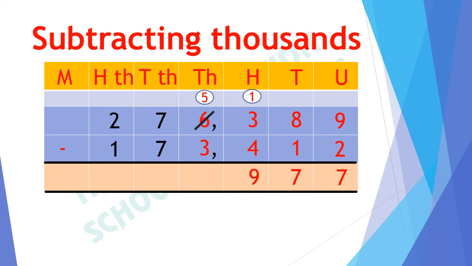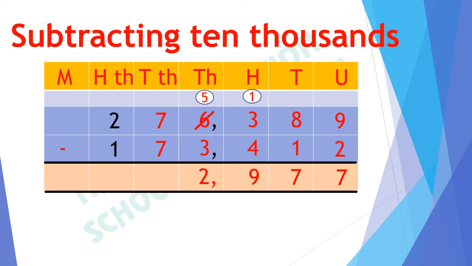Now we will move towards thousands. We have to subtract 3000 out of 5000. If we take away 3000 out of 5000, we get, very good, we get 2000 here. After the subtraction of thousands, we will move towards 10,000s. We have to subtract 7 10,000s out of 7 10,000s.